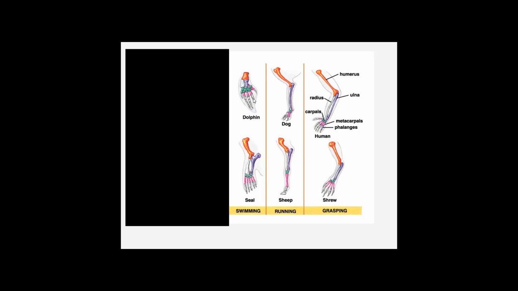Now, unlike a shark's fin, which is supported by rays of cartilage, or a fish's fin which is supported by rays of bones, when we look inside that dolphin fin, what do we find? We find those same sets of bones that are in your arm or the leg of a dog.